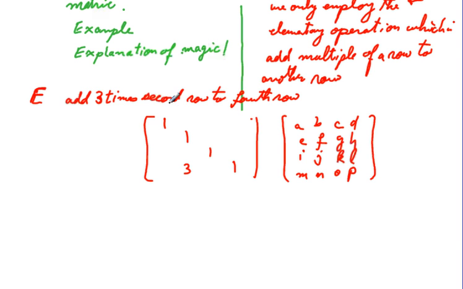So the second row: you wanted to take the second row and use that to modify the fourth row. The entry is going to be seated at a column that matches the row that you picked, and it's going to be on a row which matches the row that you are going to be influencing. So for example, if I take this matrix and multiply by that, what do I get?